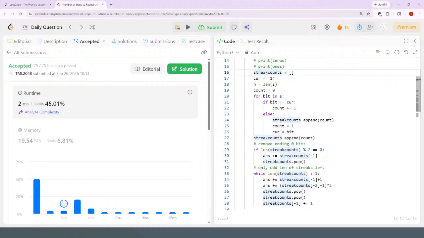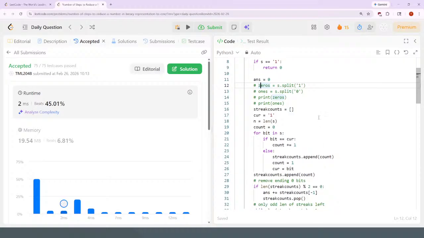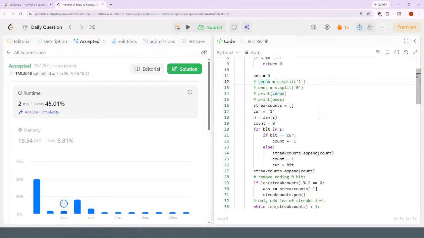I guess I could probably parse it right to left. Does that work?